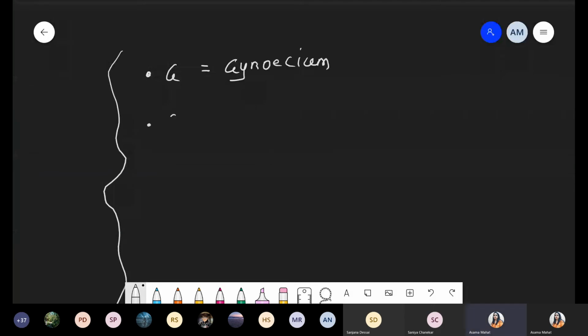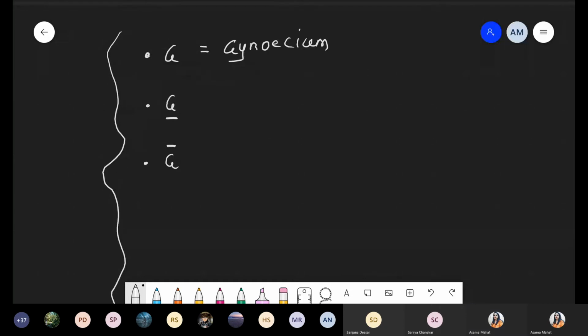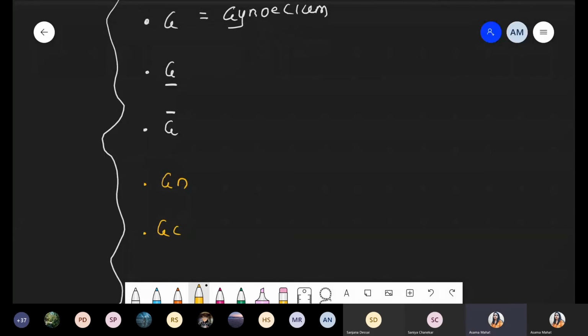Quickly tell me, capital G with a bar below it, and now with the bar on the head, capital G only, and capital G inside the bracket.